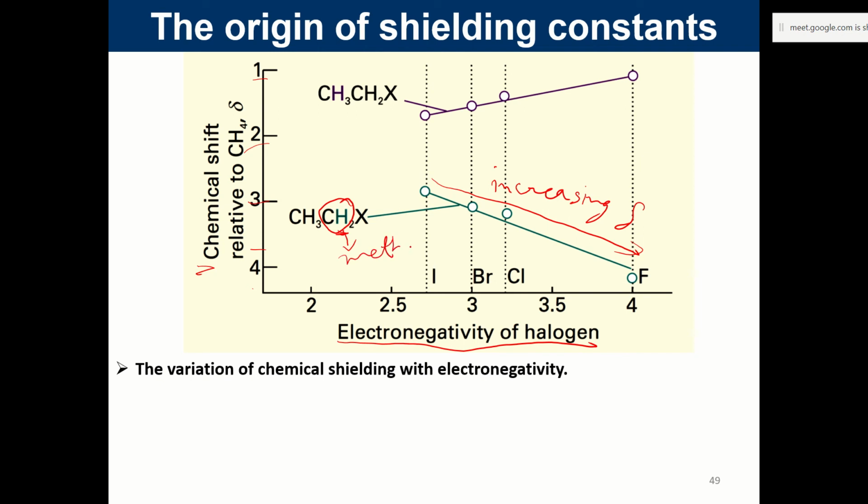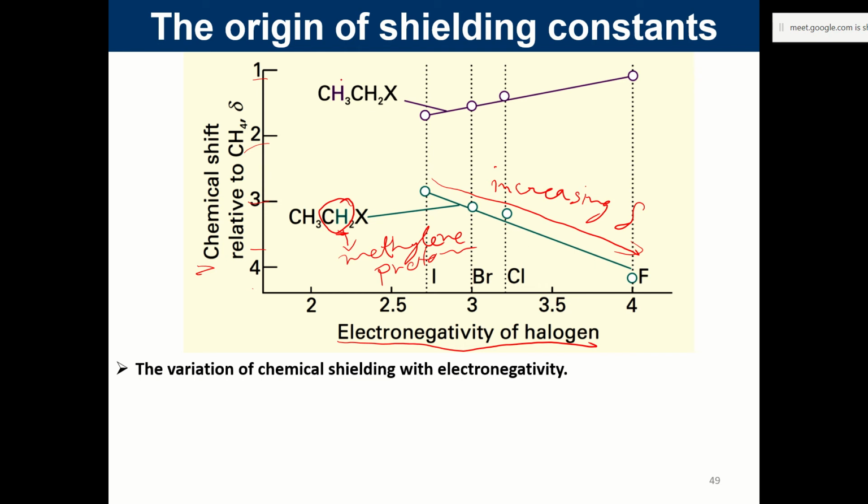Methylene protons show a gradually increasing, almost linear pattern. In a straight line plot, if you plot the chemical shift value on the y-axis and the electronegativity on the x-axis, this is a typical pattern that you can observe.